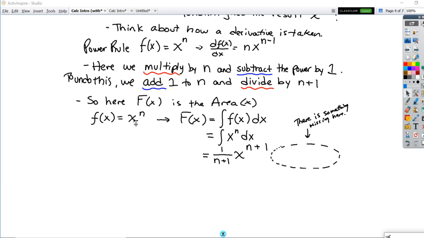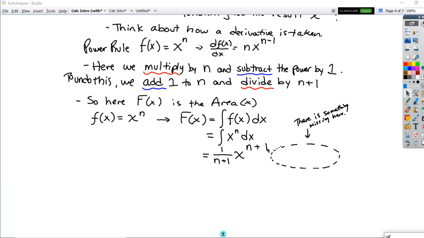So we substitute in x to the n, and so the solution to this problem is whatever the function is when you take its derivative, you get x to the n. So we add 1 to n, and then we divide by n plus 1. Or you could leave that as a fraction out front. But notice the dx is gone, the integral sign is gone, because we've performed the process that we were set out to do.